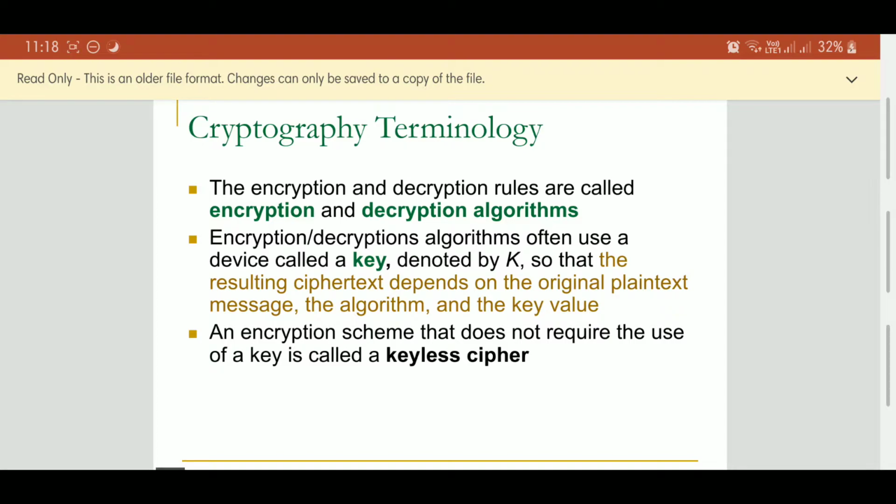The encryption and decryption rules are encryption and decryption algorithms. They often use a device called a key, denoted by K, so that the resulting ciphertext depends on the original plaintext message, the algorithm, and the key value. An encryption scheme that does not require the use of a key is called a keyless cipher.